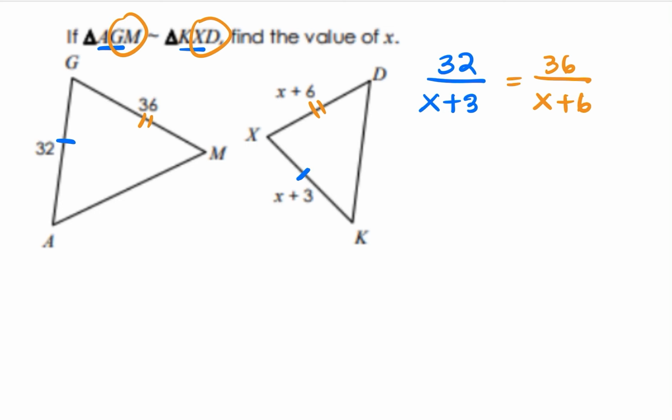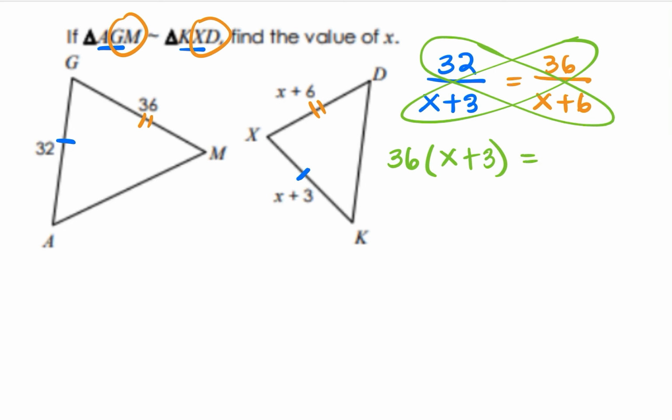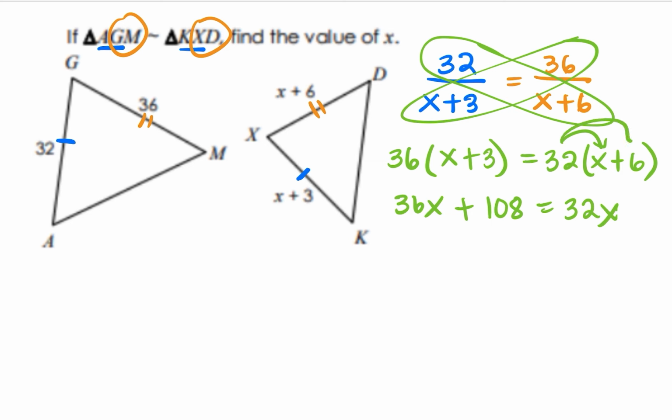So here's my proportion. Now we're going to apply the butterfly method, or cross multiplication. We multiply 36 times x plus 3 equals 32 times x plus 6. This gives us 36x plus 36 times 3, which is 108. Then we distribute 32, so 32x plus 32 times 6, which is 192.